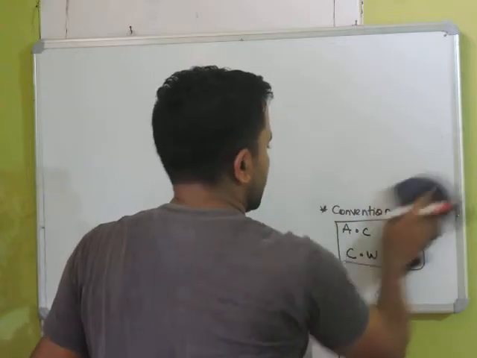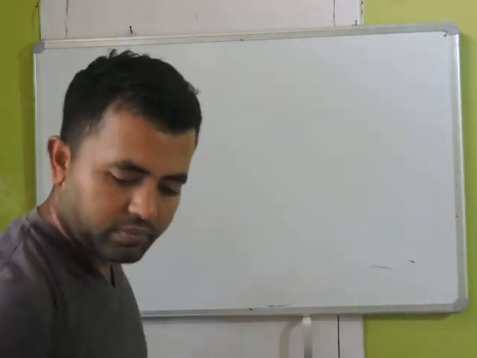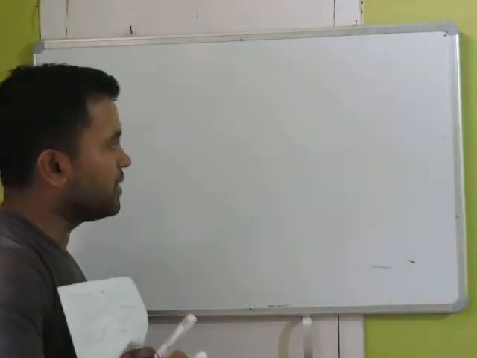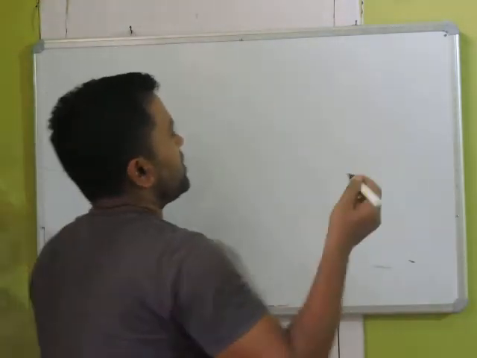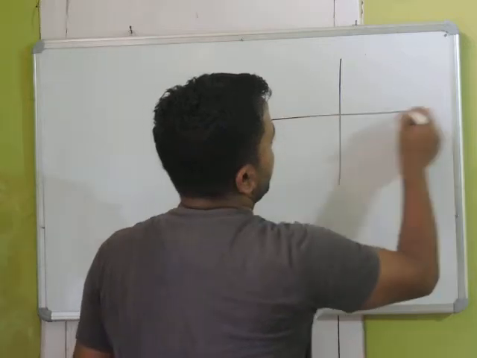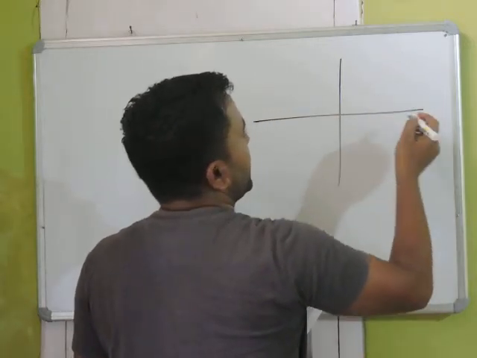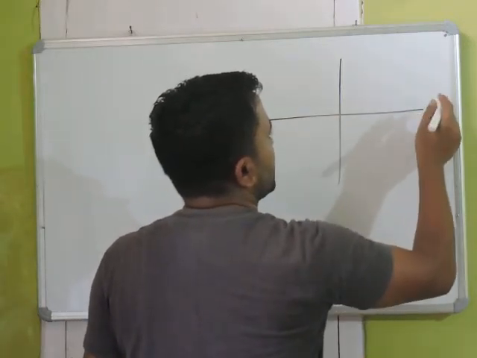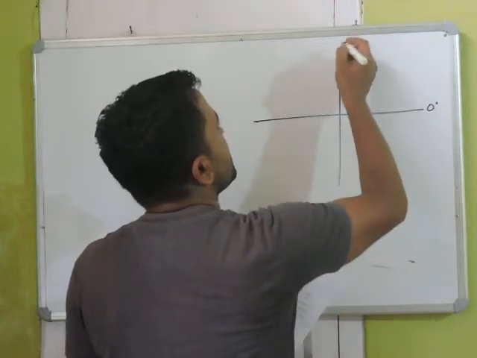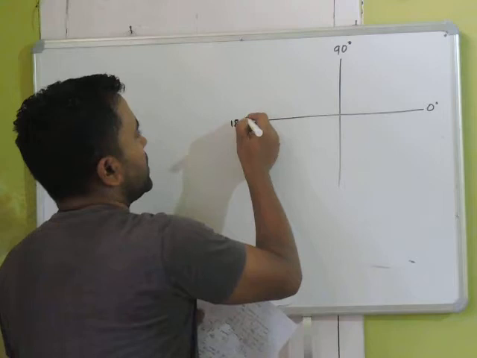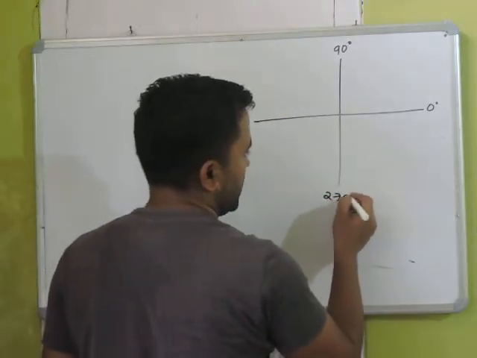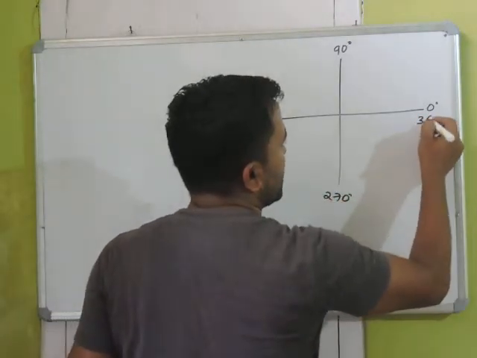Okay, now moving on, to make things easier in trigonometry, let me write it: this is 0 degree, this is 90 degree, this is 180 degree, this is 270 degree, and then this will be 360 degree.